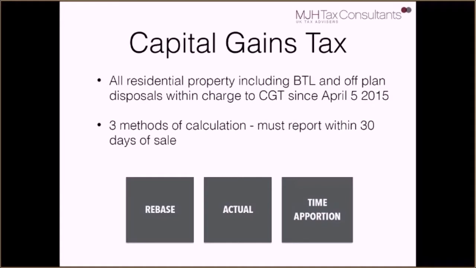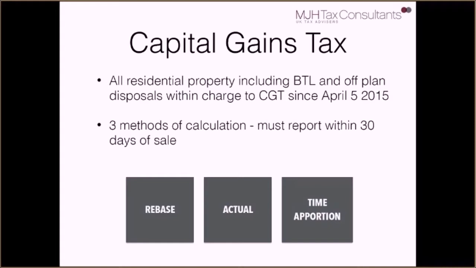So there are some exclusions if you buy commercial property, or if you buy purpose-built student accommodation, so in effect halls of residence, those can fall outside of charge. But on the whole, your typical residential properties, flats, family homes, are now within that tax.